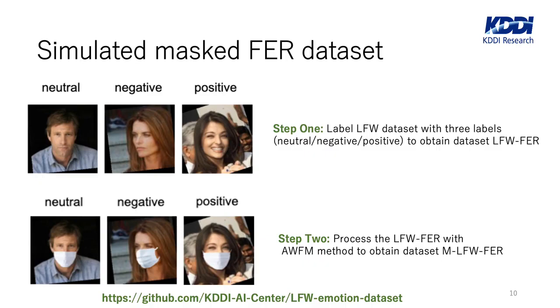For step 2, we process the LFW-FER with the AWFM method to obtain a dataset MLFW-FER. LFW-FER and MLFW-FER datasets are also released to GitHub at the URL on the bottom, for public study.